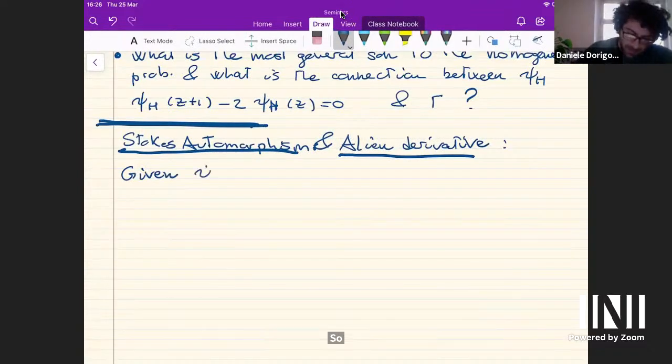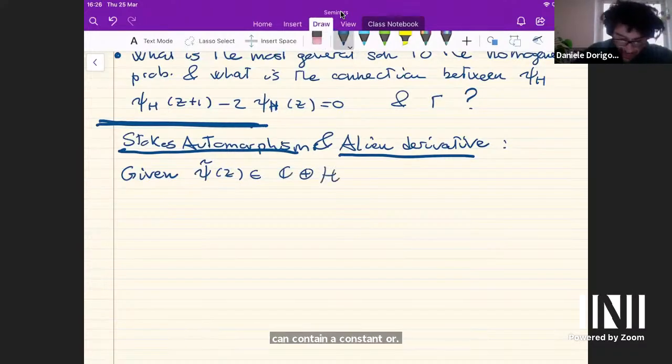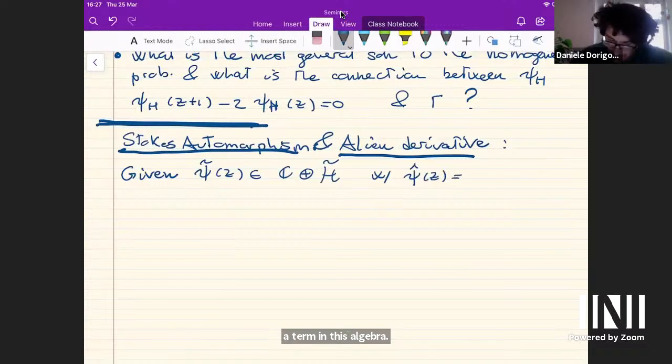we start again with our formal power series, which can contain a constant or a term in this algebra. And the corresponding Borel transform, which has this C delta plus Borel transform. How did I call it? Phi.